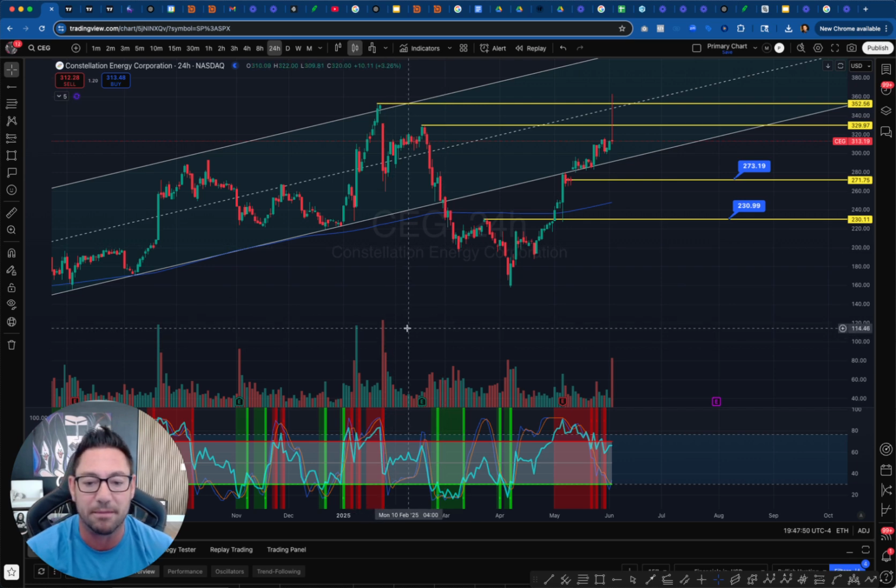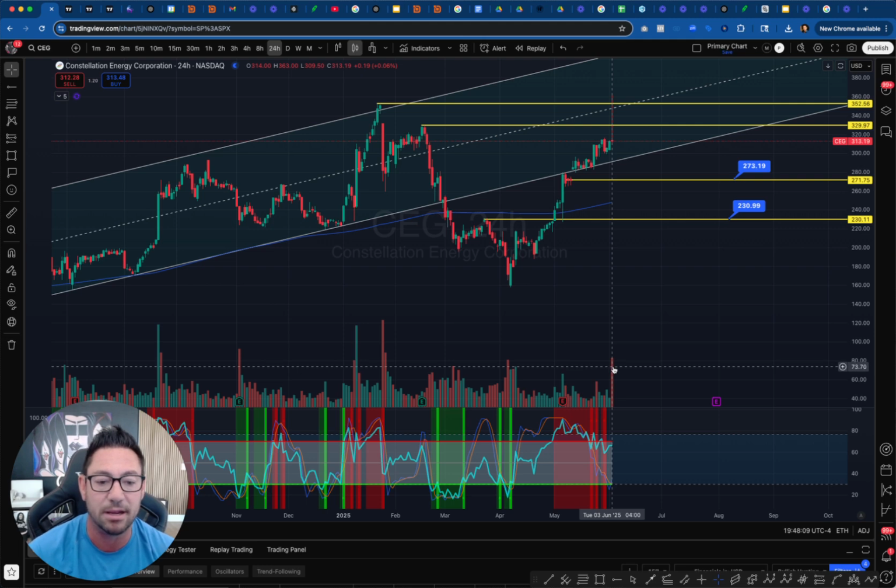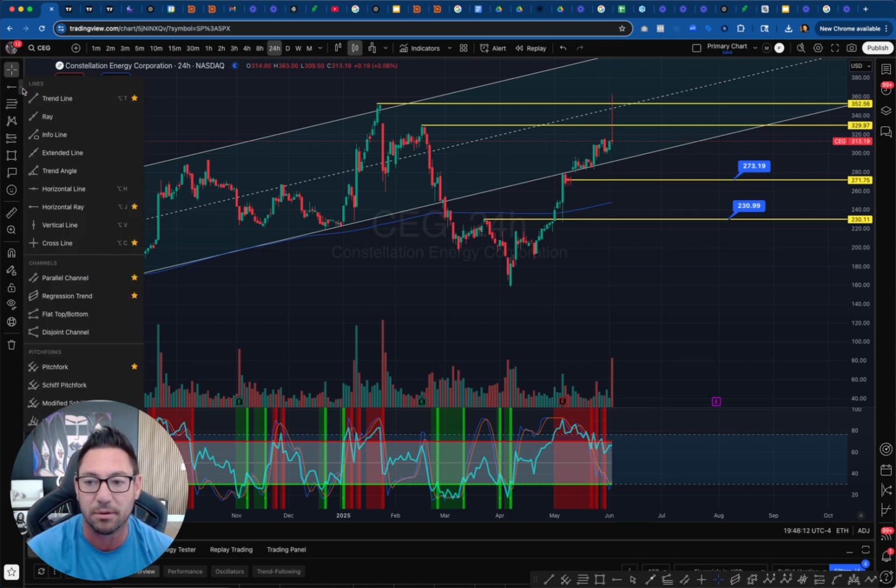So big red bar volume sells all the way through, all the way down, right, into that low, and then you don't have a whole lot of big green buys. You have a few in here, but look how huge today's massive sell volume was. So big time unloading here. Also, I want to point this out.